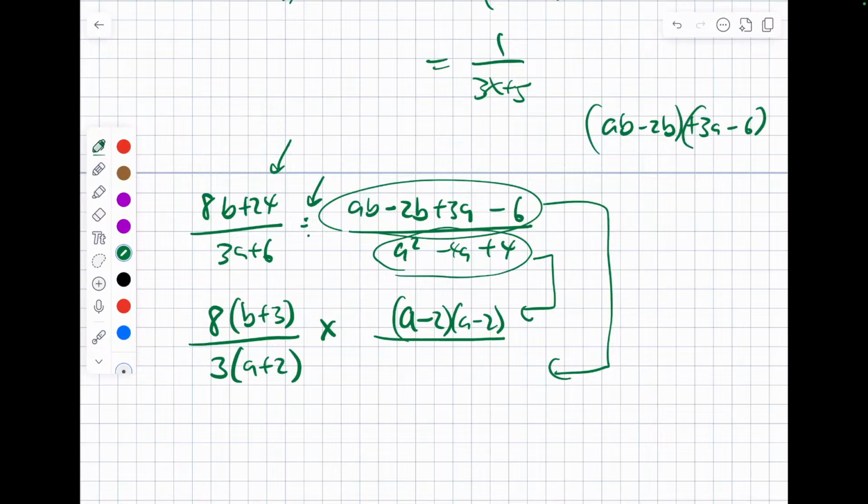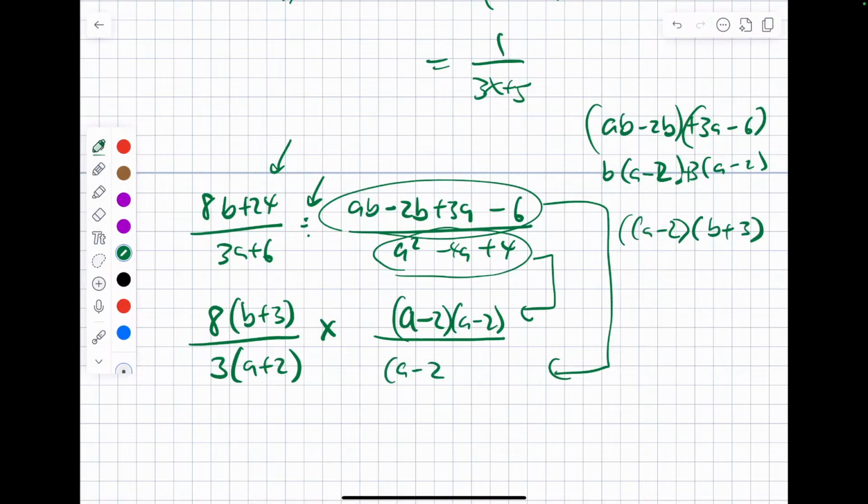So it's going to be a minus 2 times 3 plus b. So a minus 2 times b plus 3. Is that okay? And if you see that, it nicely cancels.